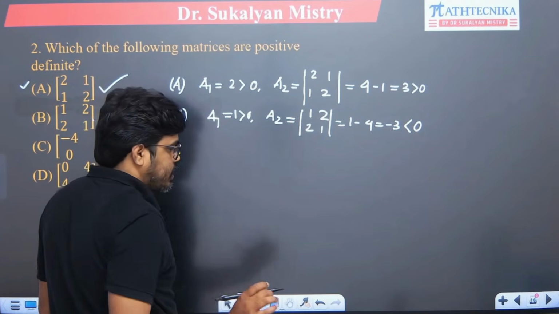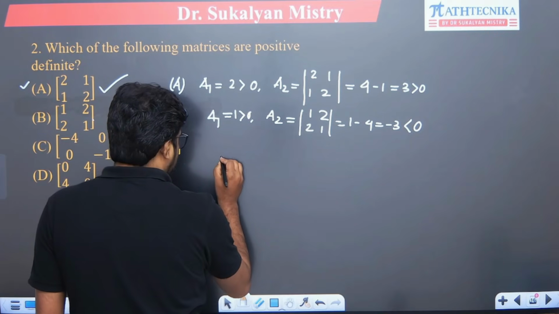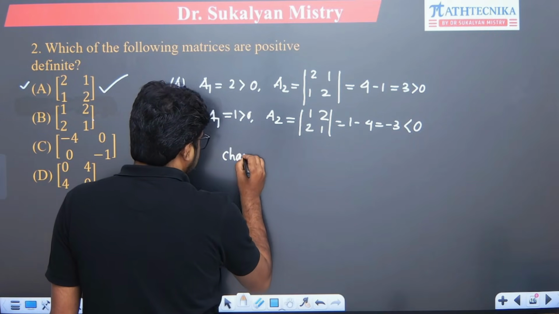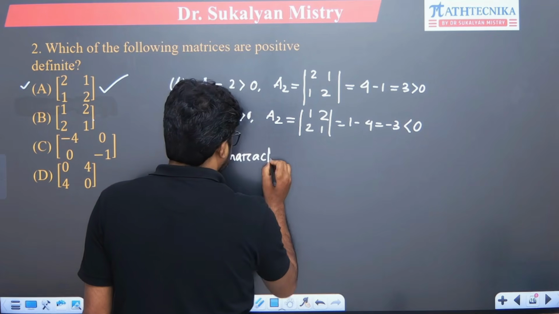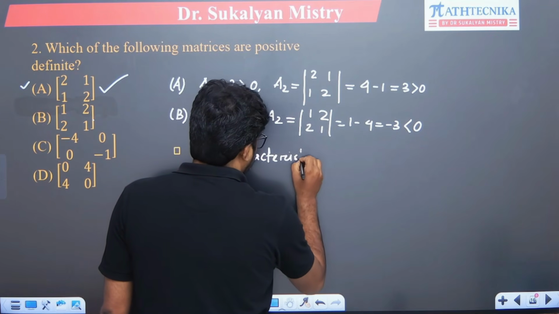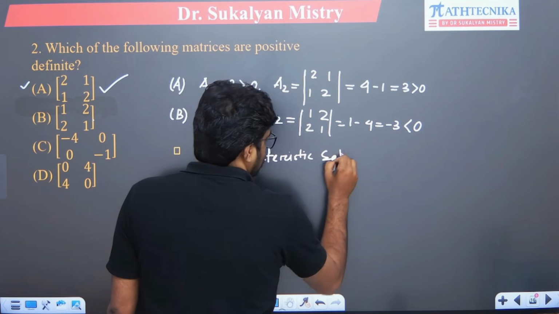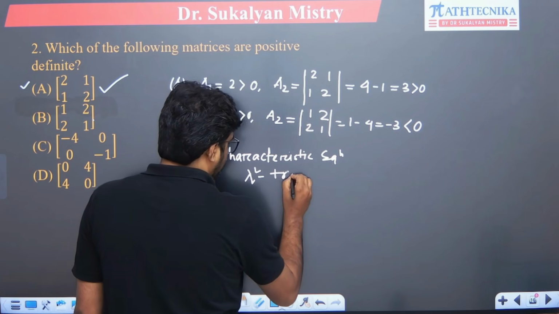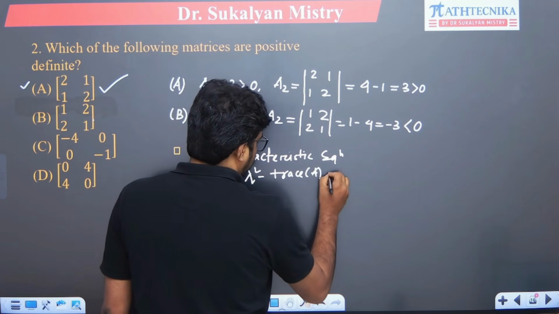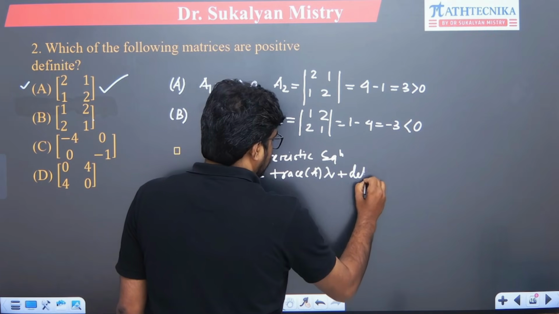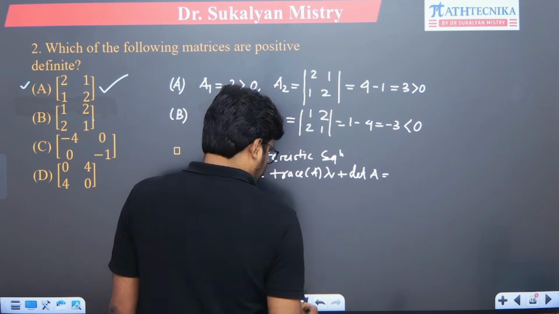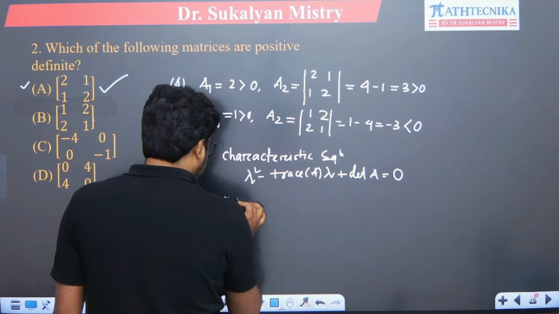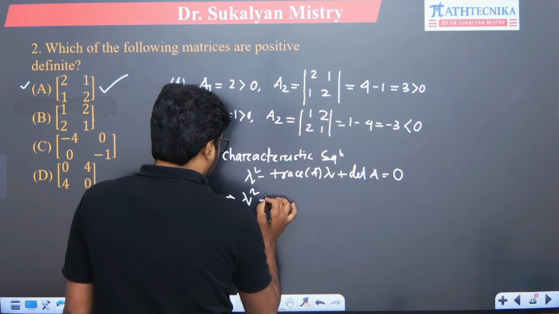This is a 2x2 matrix. So what is the characteristic equation for a 2x2 matrix? The characteristic equation is lambda squared minus trace A into lambda plus determinant A, right? So this is equal to 0. That means lambda squared minus, what is the trace?